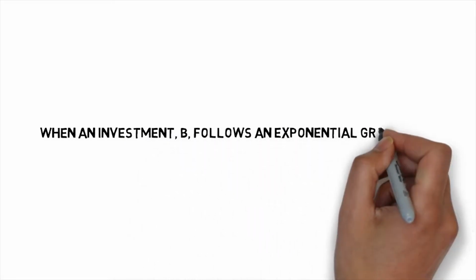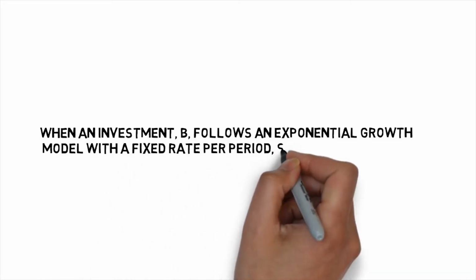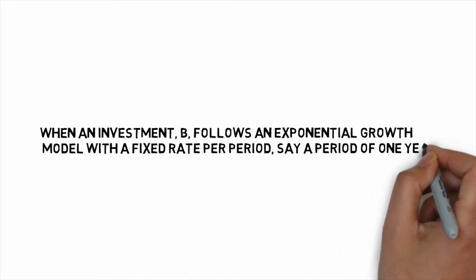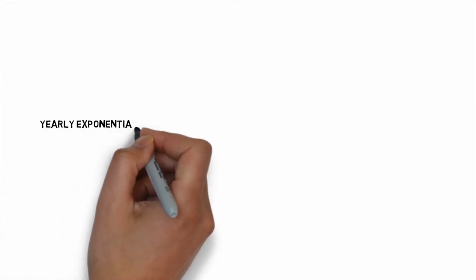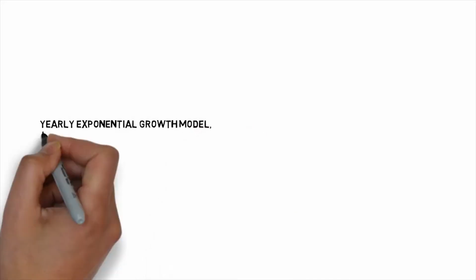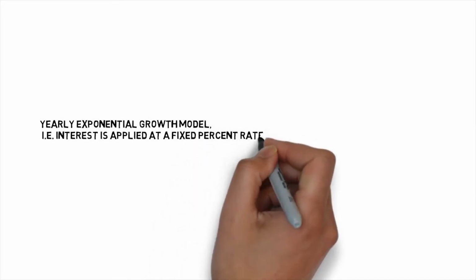Now, when an investment B follows an exponential growth model with a fixed rate per period, say a period of 1 year, the investment model with respect to time is written as follows. Annual interest rate: yearly exponential growth model, i.e. interest is applied at a fixed percent rate at the end of each year.